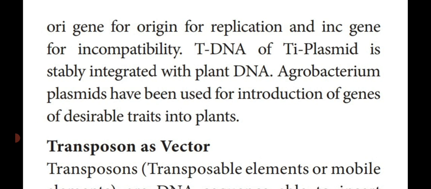This Ti plasmid present in Agrobacterium tumefaciens is very important for the plant breeding process, because it carries genes with desirable characters of a plant in plant breeding methods. So this plasmid is known as the Ti plasmid or tumor inducing plasmid.